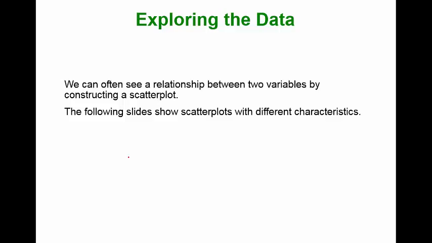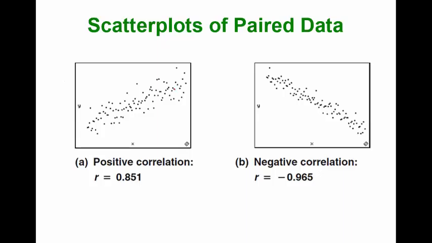As we explore the data, it'll be important for us to begin by constructing a scatter plot. That is basically a plot of the set of data that we have. Here are some examples of scatter plots. We have a positive correlation. Our line would be going up from left to right, so that has a positive slope. In example B, our line is going down, so we would say that has a negative slope.